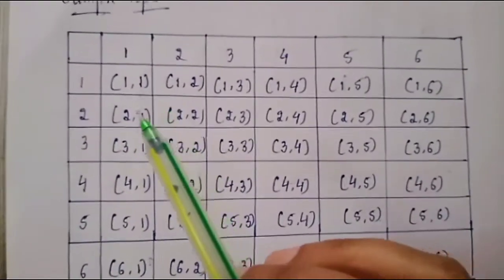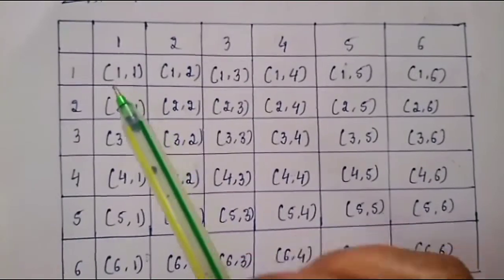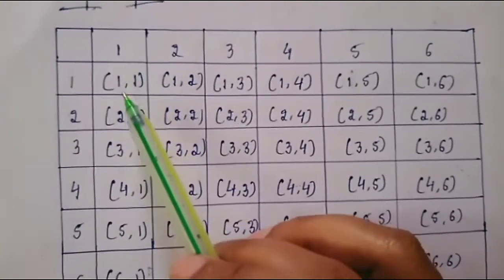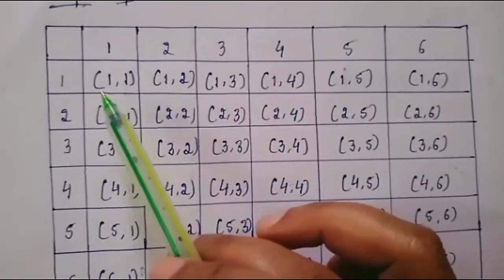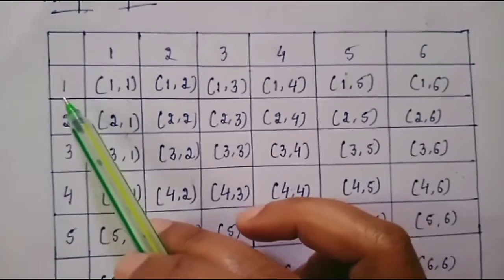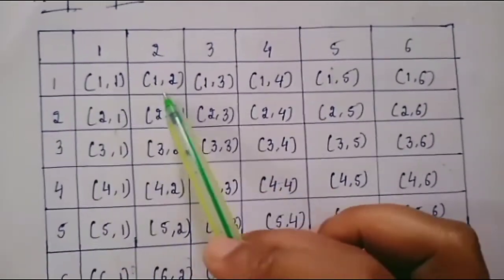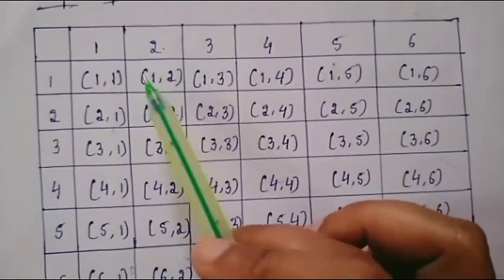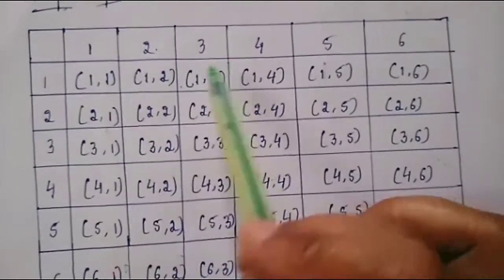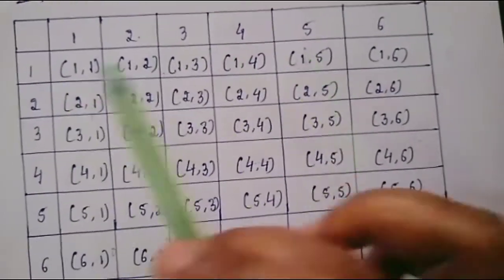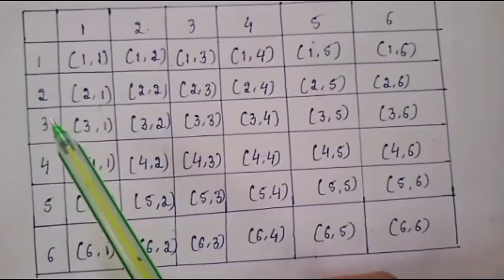And when you throw, what outputs do you get? Like in the first die 1 and second die 1. So it becomes 1, 1. Next, from this die you get 1 and from this die 2. 1, 2. 1, 3. 1, 4. 1, 5. 1, 6. Similarly, 2, 1.